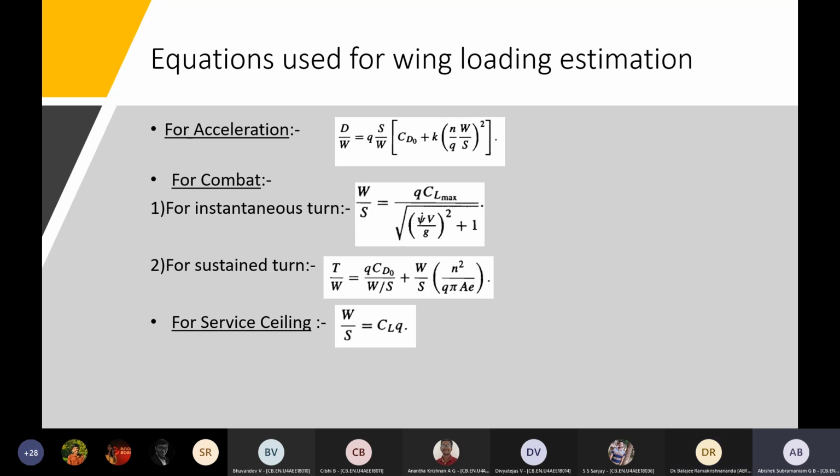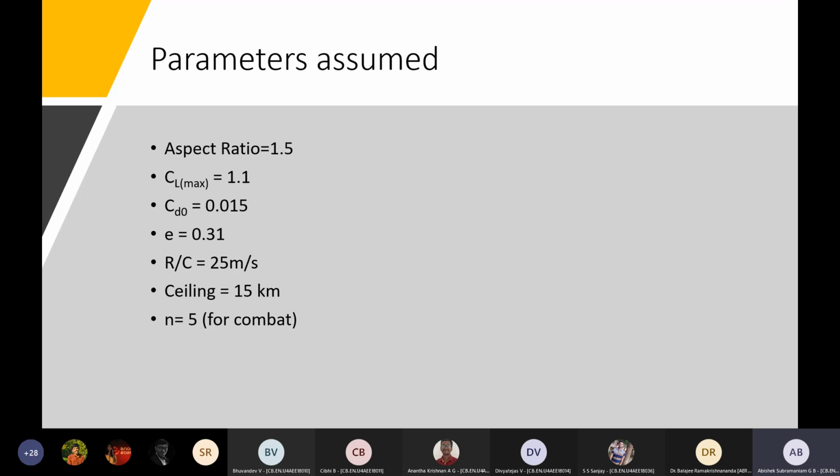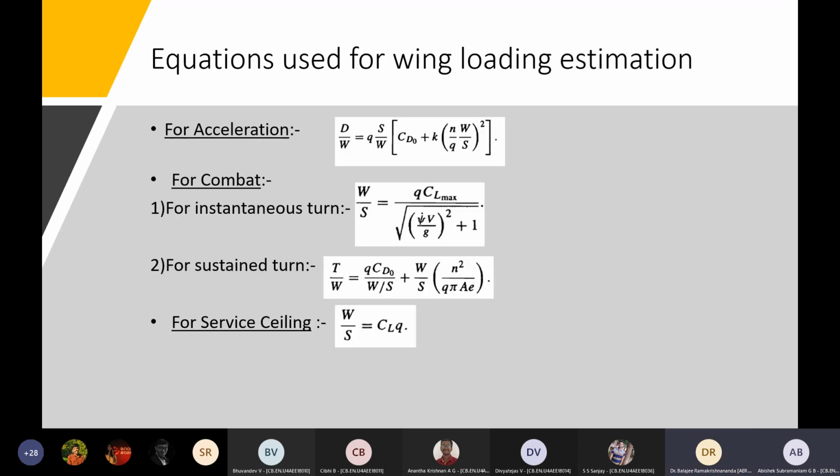Continue. And these are the equations that we use for acceleration, combat, and service. No, go back. I want to see that. Actually, for combat, both instantaneous and sustained turn, you can just use some nice value of n.